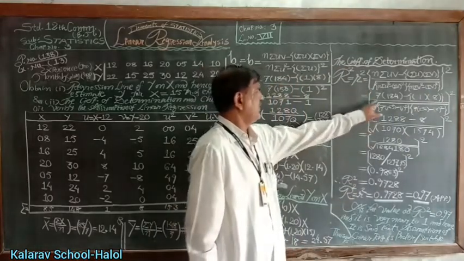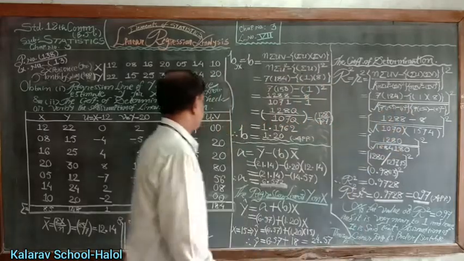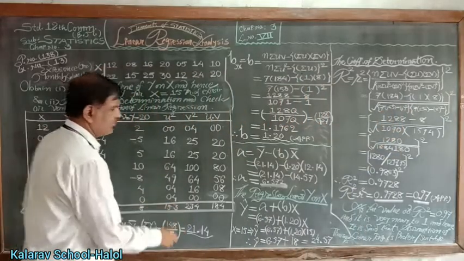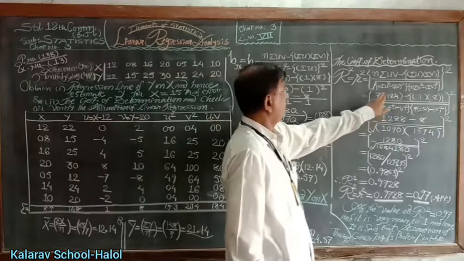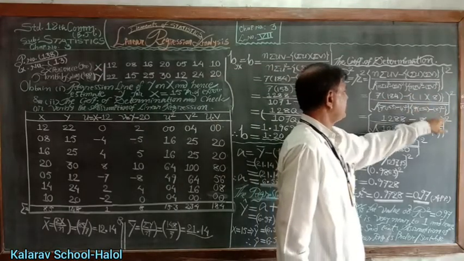Substitute the values 7, 184, 18, upon 7. The totals of u square and v square are 153 and 234.